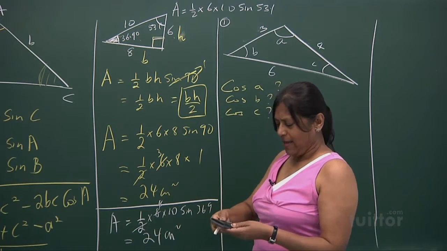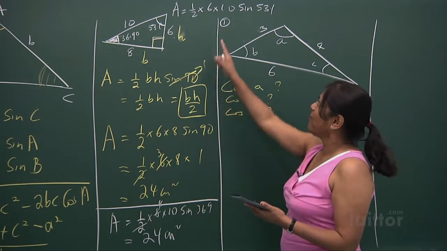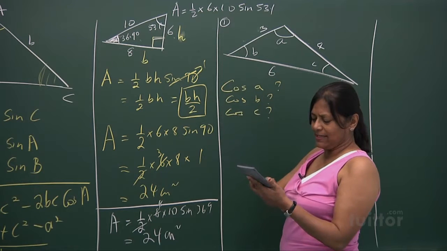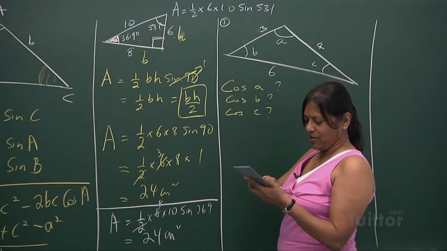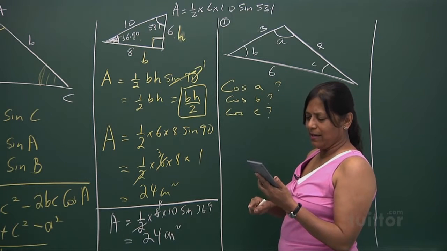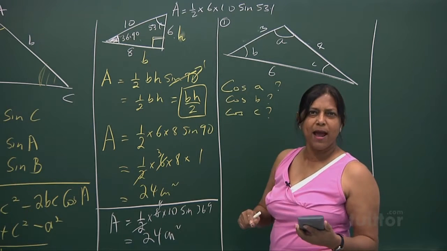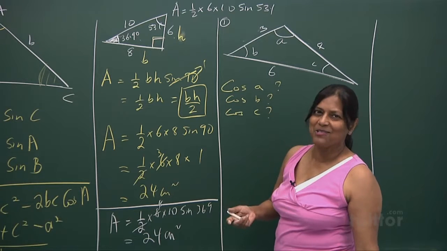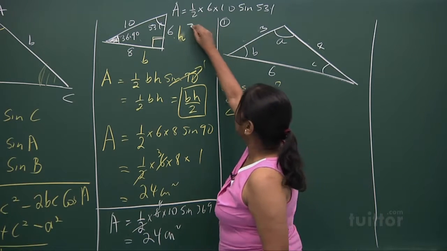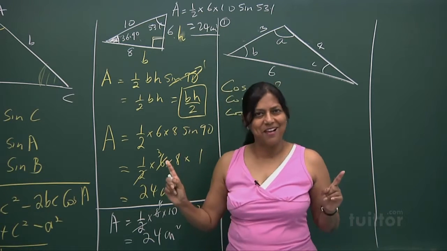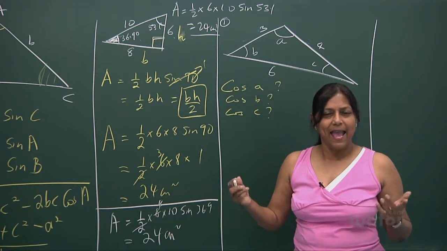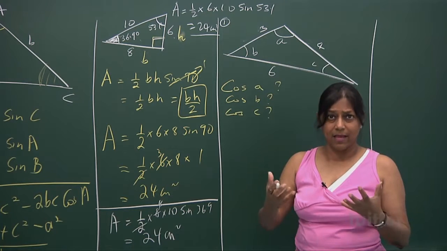What do you get? 3 times 10 is 30. 30 sine 53.1. I get 23.999. It's about 24. So you see, I'm not fooling you. I'm telling you the facts, and they all are in sync.